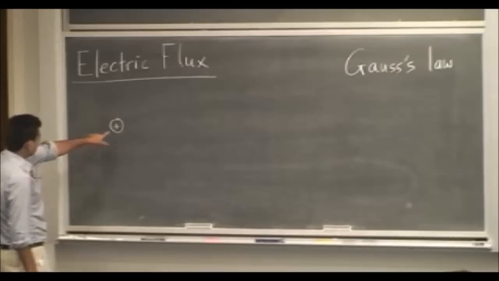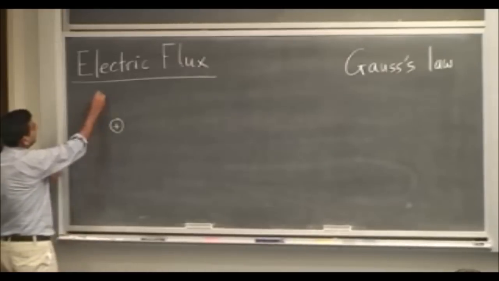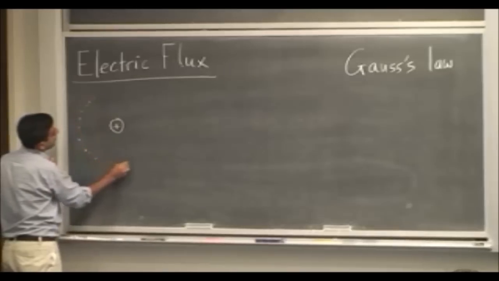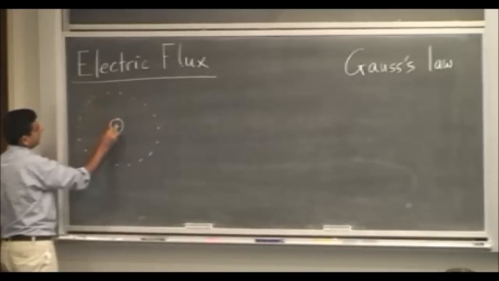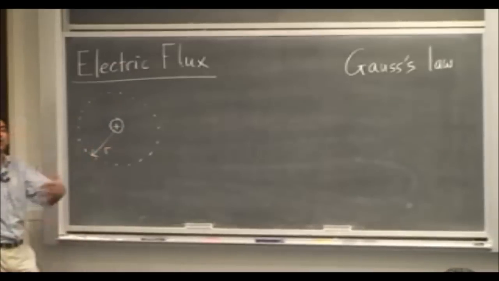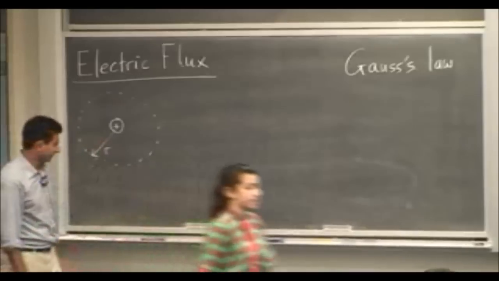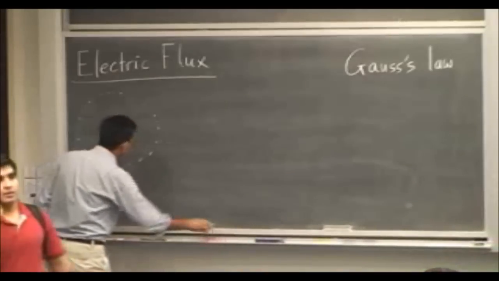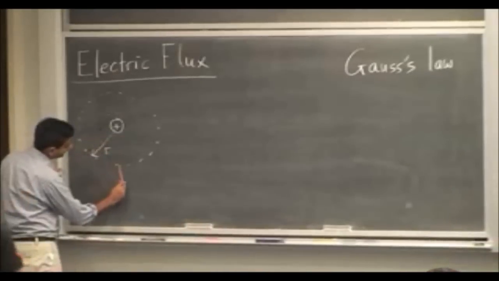Now if I have a point charge, I know that at some radius r, the electric field is pointing radially outwards. So if I were to plot the electric field vectors, they would look something like this.